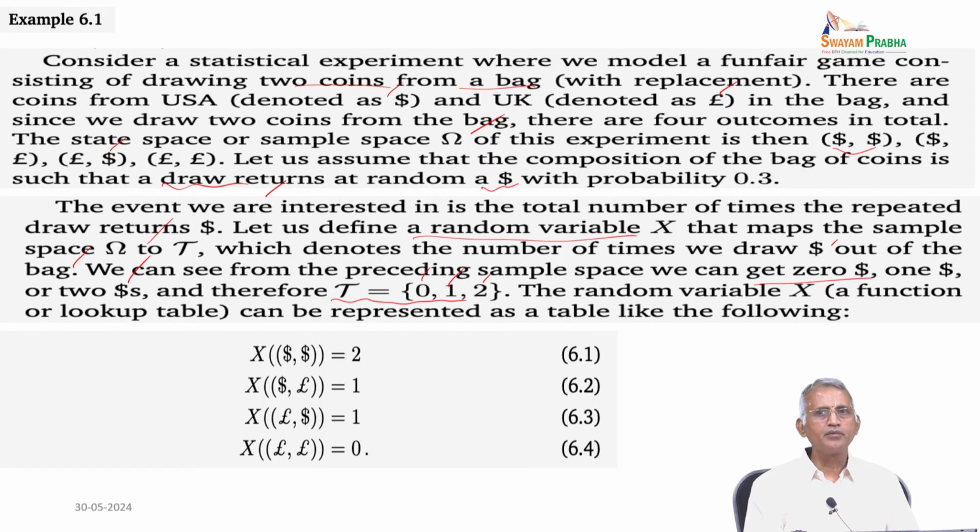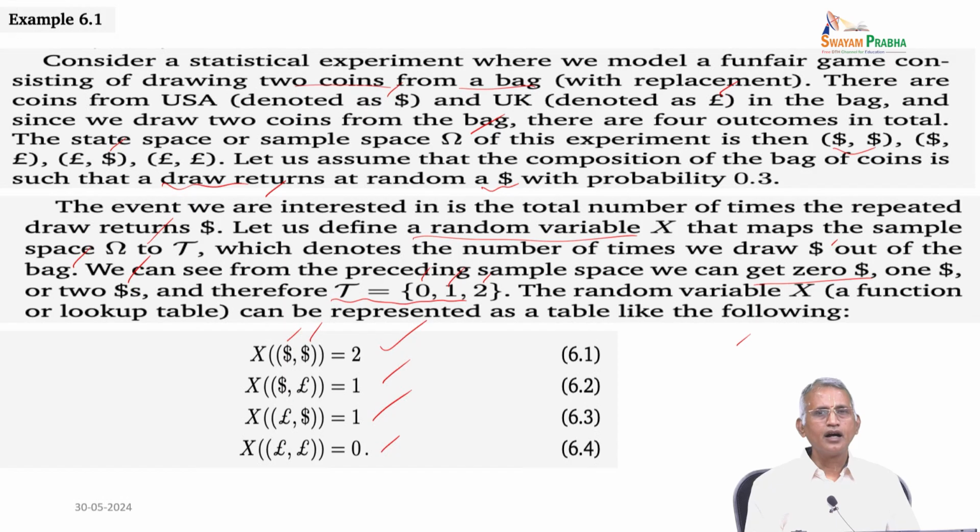So, the random variable X can be represented as a table in the following manner: X of two dollars, no pound, is 2; one dollar, one pound is 1; one pound, one dollar is 1; and no dollars, all pounds, is 0.